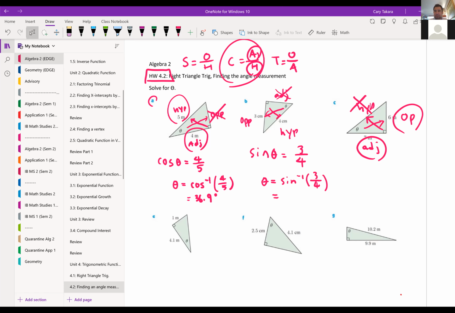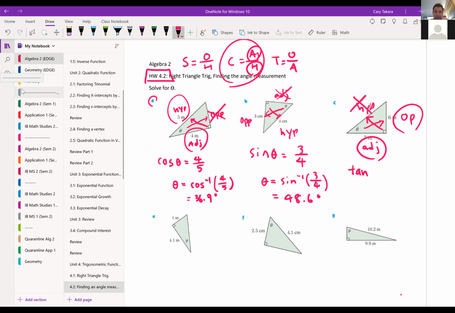Wait a second, did we even finish B? So inverse sine of 3 divided by 4. The answer for B is 48.6 degrees. And for letter C, this is a tangent. Do you guys have that?